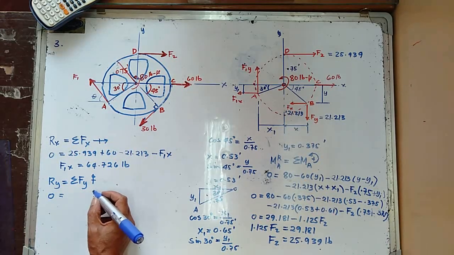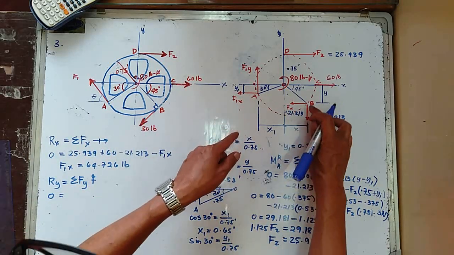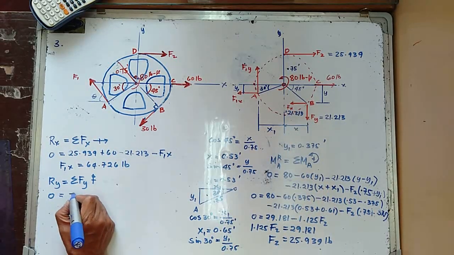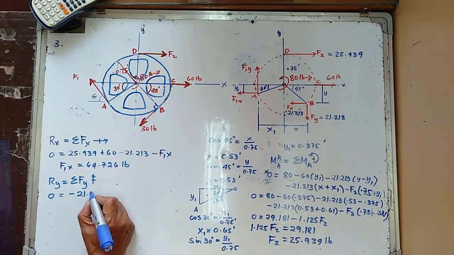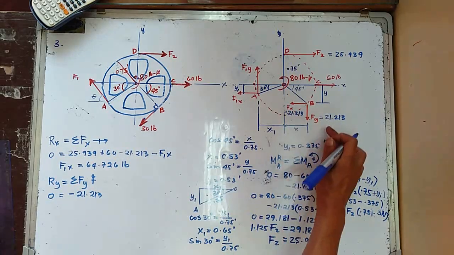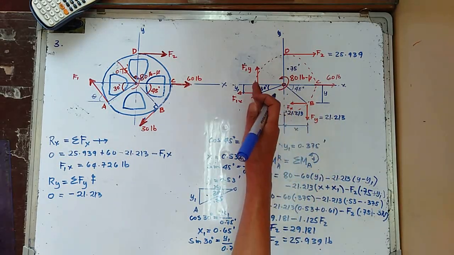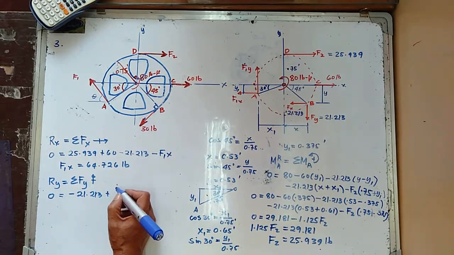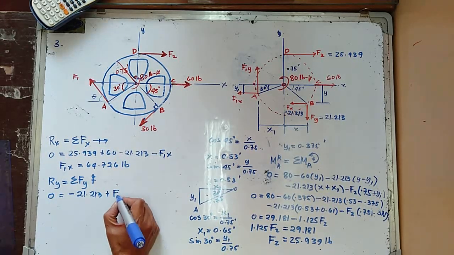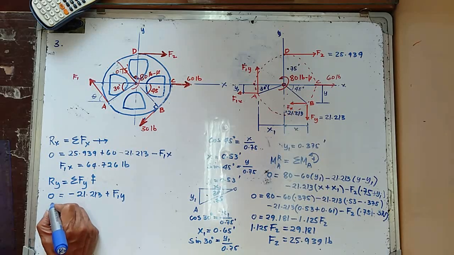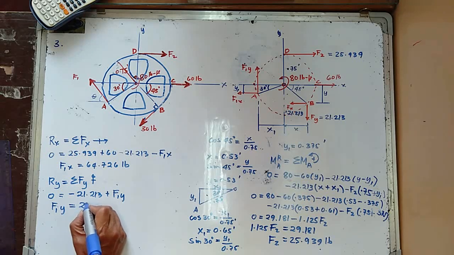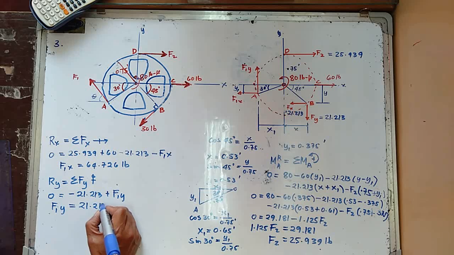This one is going downward, Fy, which is 21.213, plus F1y. Hence, your F1y is equal to 21.213 pounds.